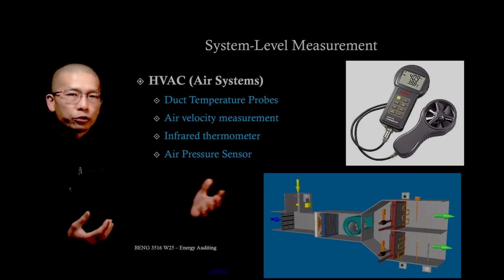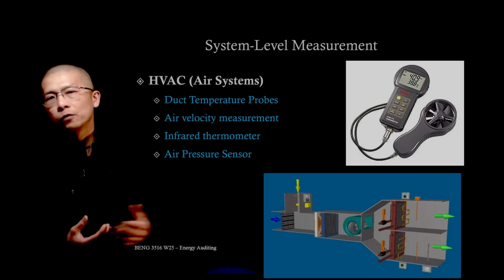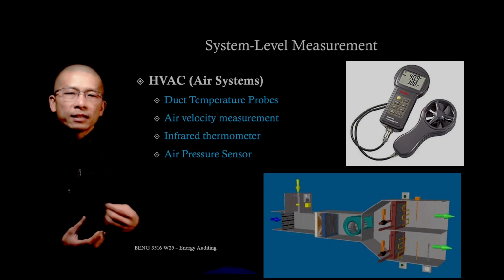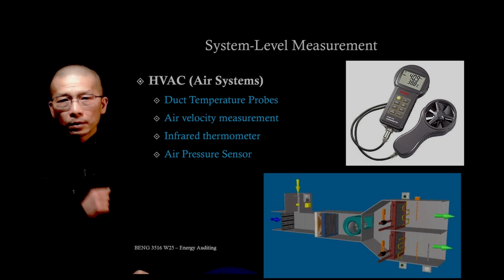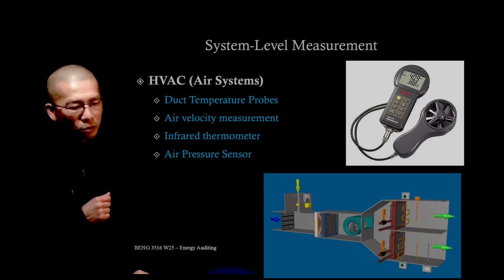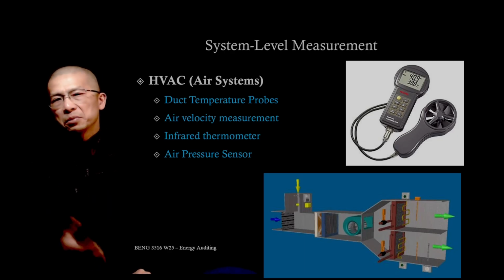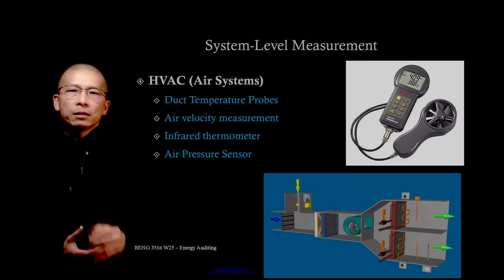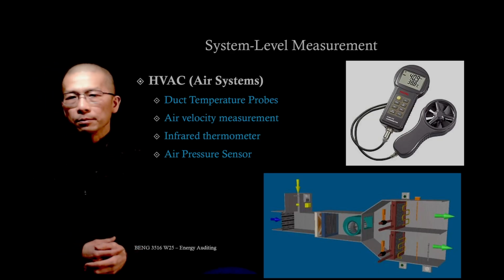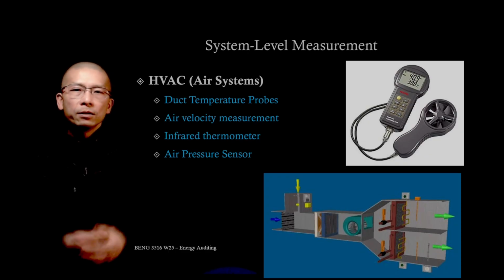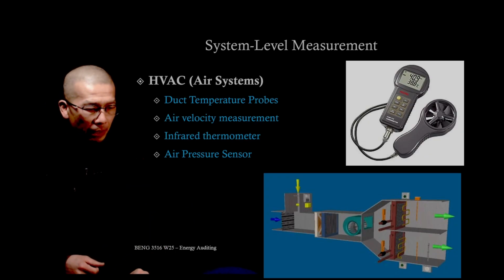Maintaining correct pressure balance is critical for energy efficiency and indoor air quality. So these tools allow auditors to diagnose performance issues, optimize system operation, and ensure that the air system delivers comfort efficiently rather than wasting energy.